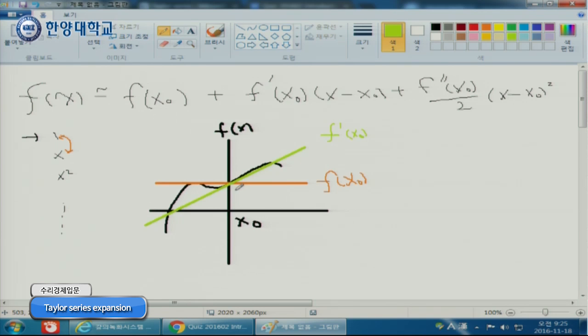So it is the typical problem of getting the equation whose slope is this one and which passes through x0 and f(x0). So this is f prime x0 times (x minus x0), and then plus f(x0), right? Then this equation passes this point with this slope. So that's why we have this and this.